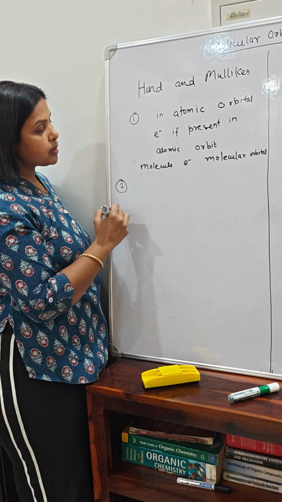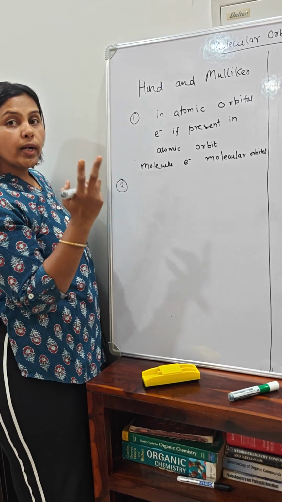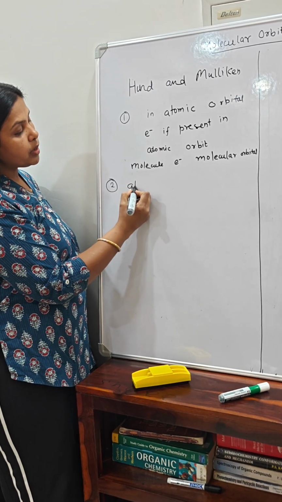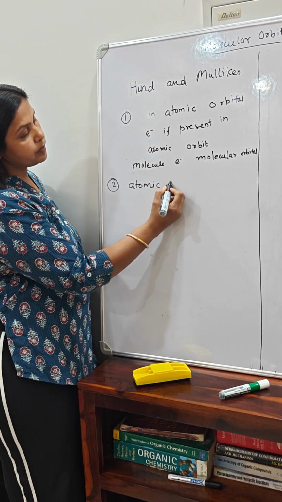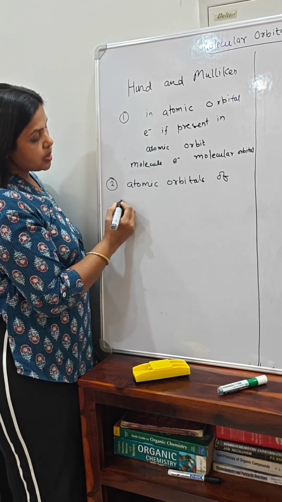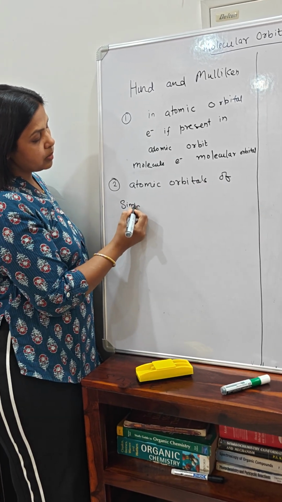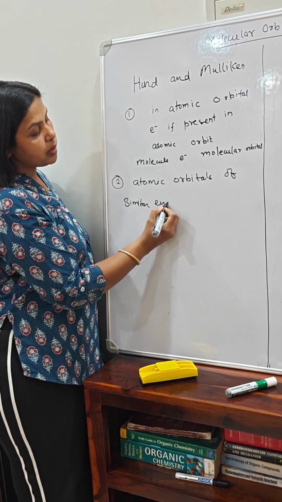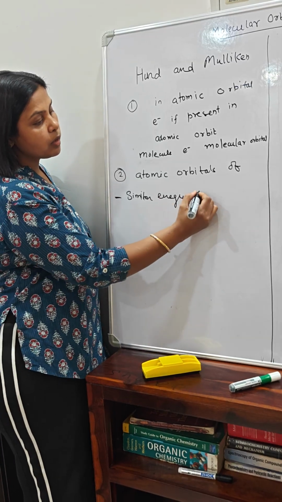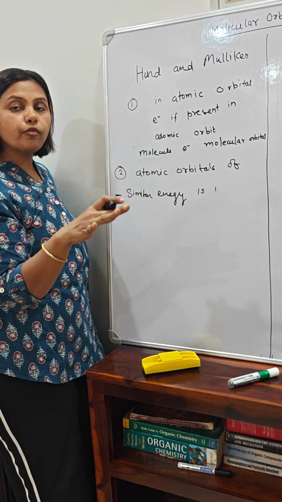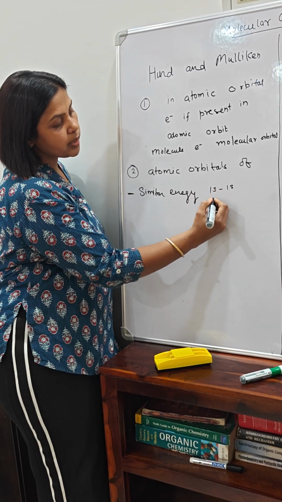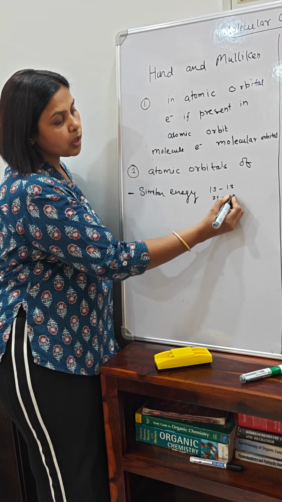He further explains that when atomic orbitals of similar energy combine, the first important thing is similar energy, like 1s, orbitals of a similar level have similar energy. So 1s combines with 1s, or 2s with 2s.